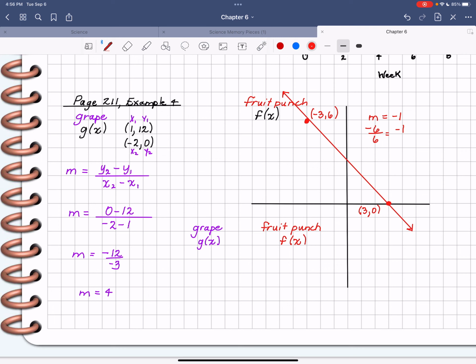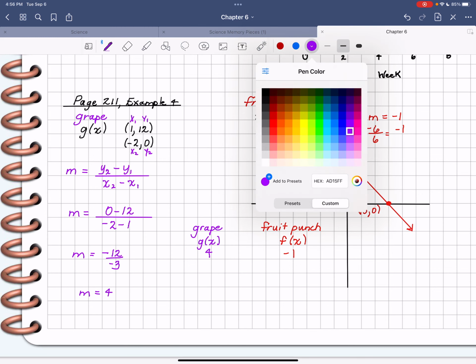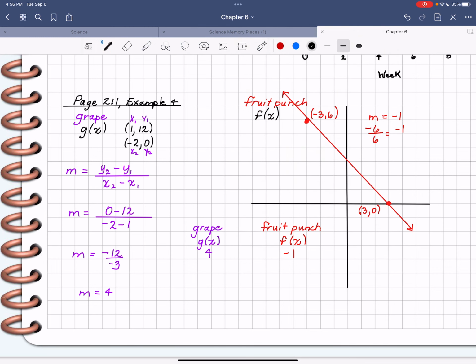F of x has a slope of negative 1. G of x, or the grape function, has a slope of 4. Which of those slopes is bigger? By far, this one. 4 is greater than negative 1. So g of x has the greater slope.